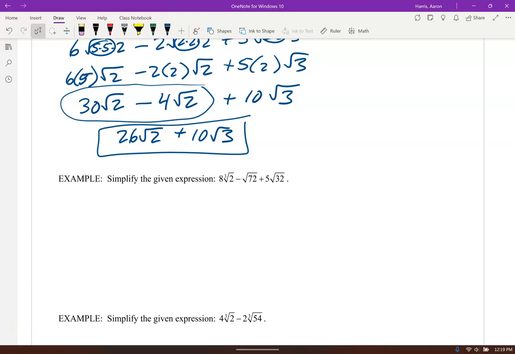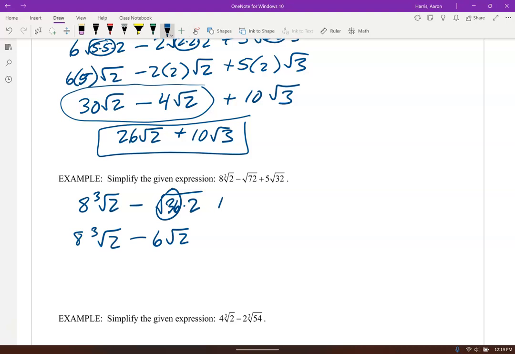Let's keep going here. I have 8 third root of 2 minus square root of 72. Well, 72 is, how was that? 36 and 2. I know the square root of 36 is 6. And then I have this 5 root 32. Well, 32 is 16 and 2. I know the square root of 16 is 4.